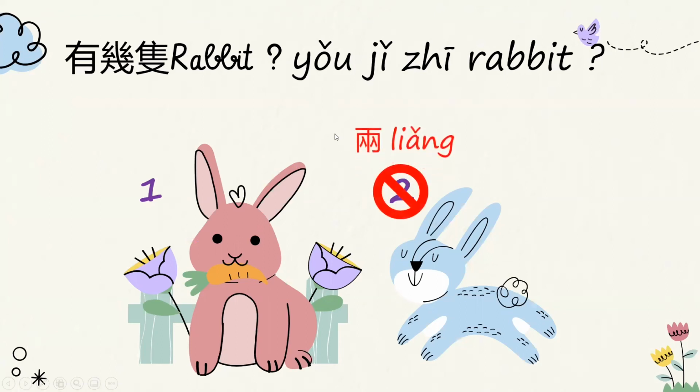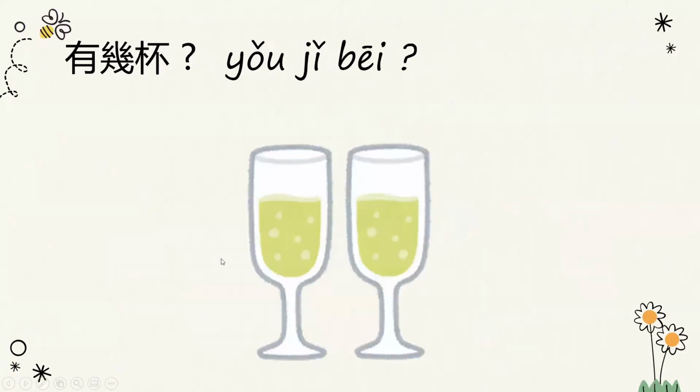No. Remember, in Mandarin Chinese, when you are talking about quantities, for the number 2 we have to use 两 instead of 二. Okay, when you are talking about quantities, right? So here we have to say 有两只 rabbit.